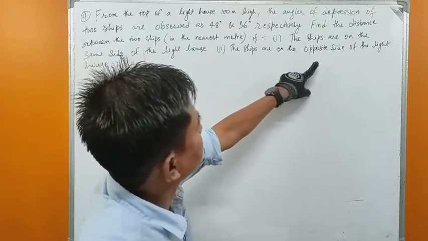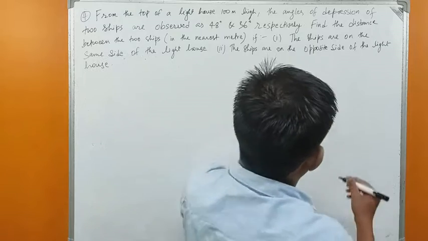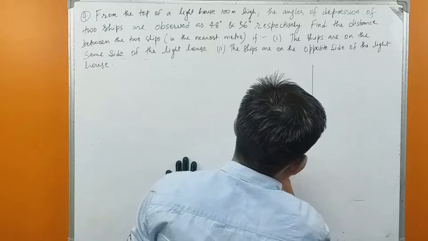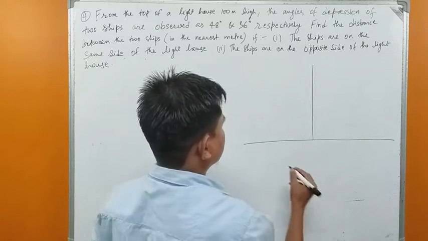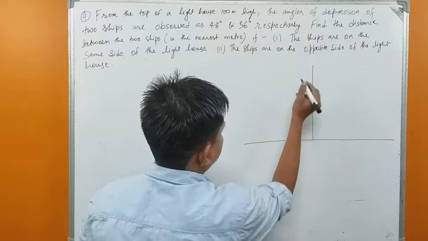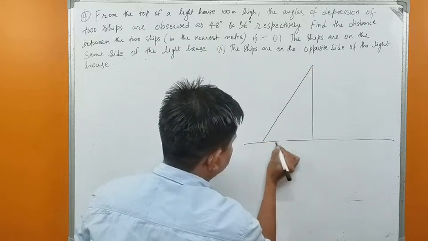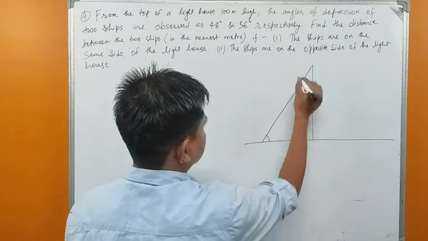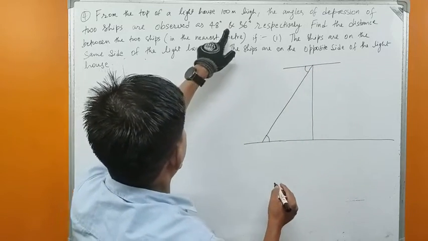The ships are on the opposite sides of the lighthouse, isn't it? That means this is the lighthouse, so this is the water body. One ship is here. Okay, let us assume one ship is here, and the angle of depression here is, suppose, 48 degrees.